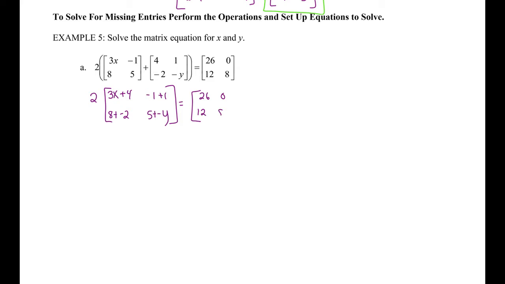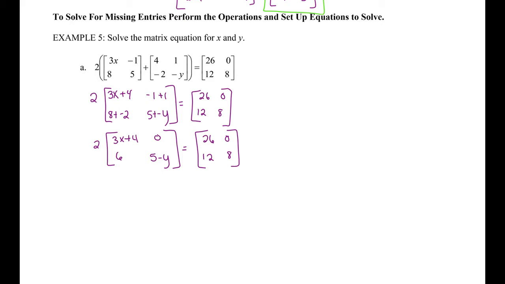And I'm going to simplify the terms that I can. So 3x plus 4 I cannot simplify, but I can simplify the bottom left to be 6, the top right to be 0, and the bottom right is going to become 5 minus y. Alright, now I can perform my scalar multiplication and multiply the 2 by all of the entries.